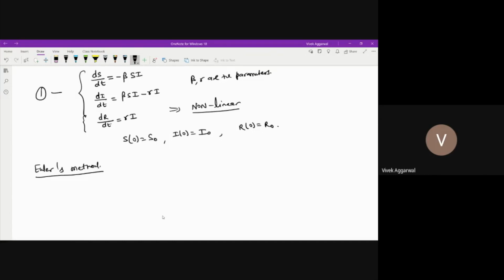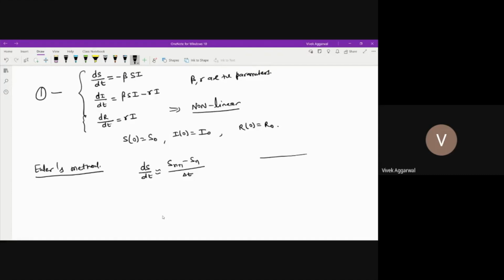So dS/dt, I will approximate with S at n plus 1 minus Sn divided by delta t, because this is the forward operator as we have discussed in the previous lecture also.